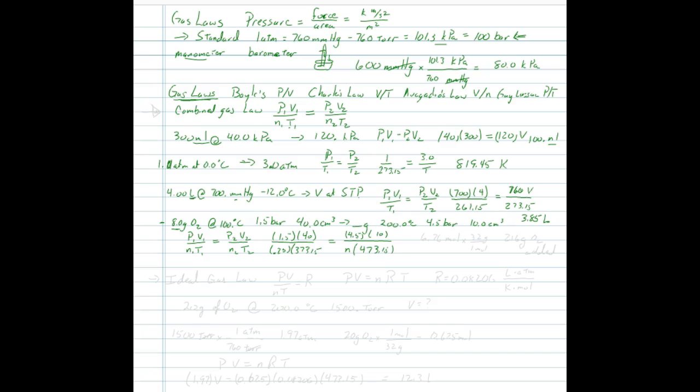Do the math, and you end up with 6.76 moles, but you don't want moles, you want grams. So 32 grams over 1 mole, and your answer is 216 grams of oxygen must be added to the container.